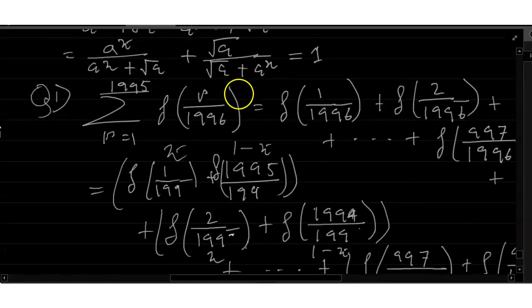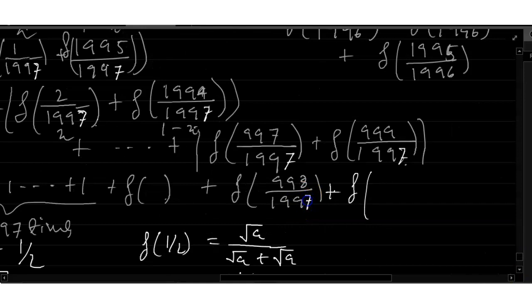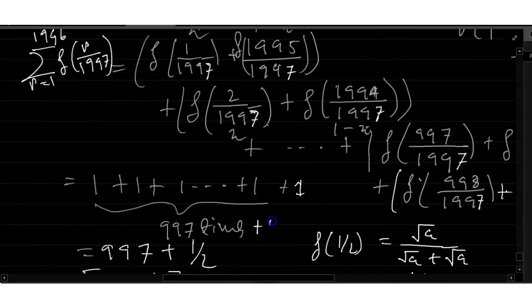So according to the problem, it is 1997, and it is the summation r equals 1 to 1996 of f(r/1997). This way I can write it as 1996 divided by 2, so 997 plus 1.